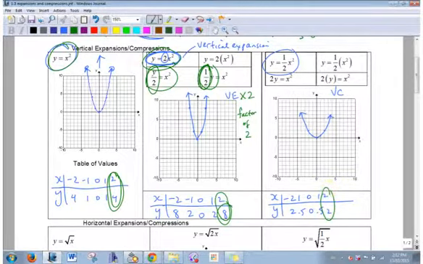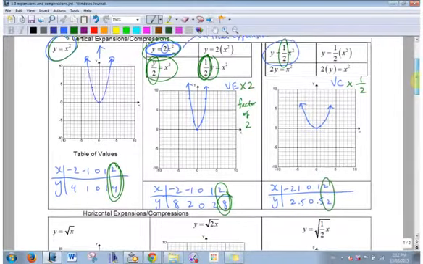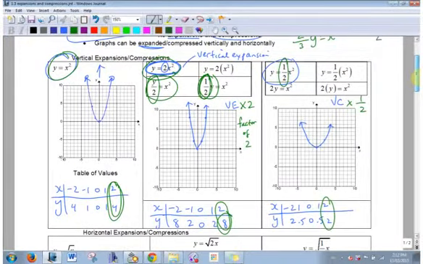So it's a vertical compression by a factor of 1/2. Okay, all the y values are half what they used to be. Okay? So that's a little bit fresh in our brain still? Take that as a yes. Any questions?